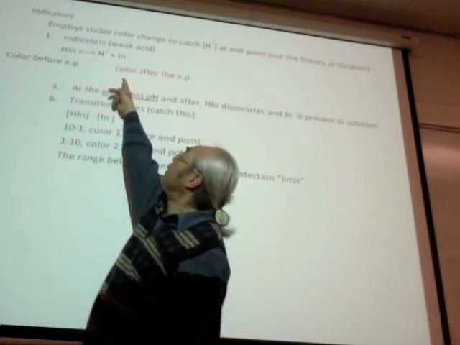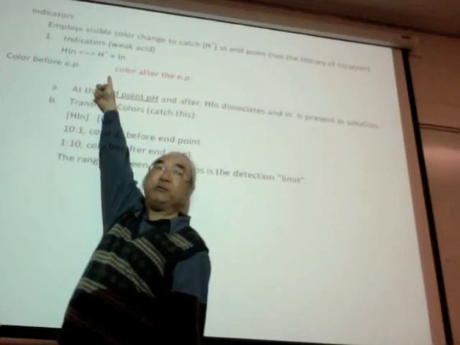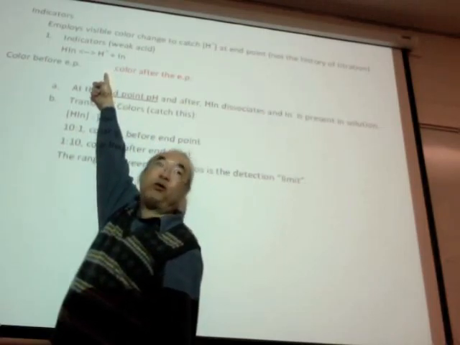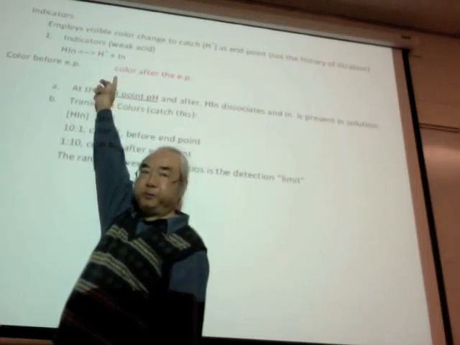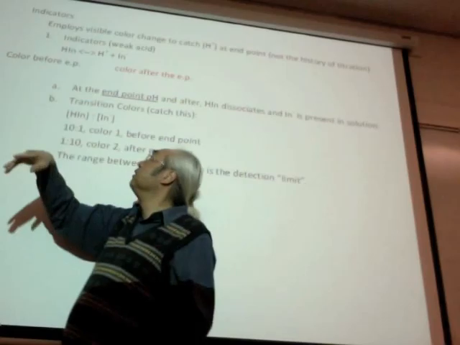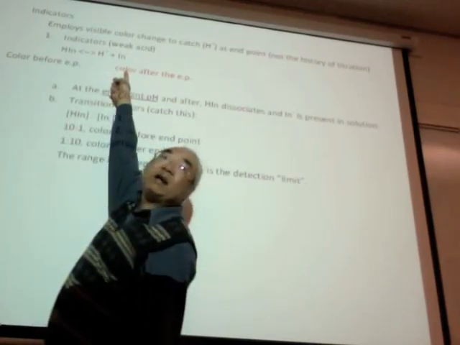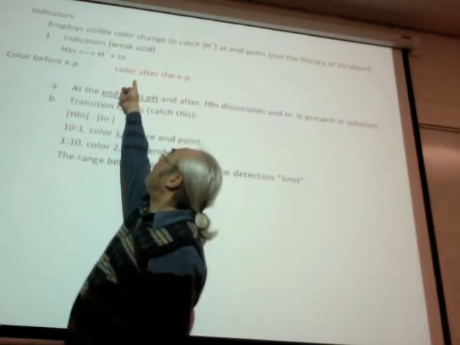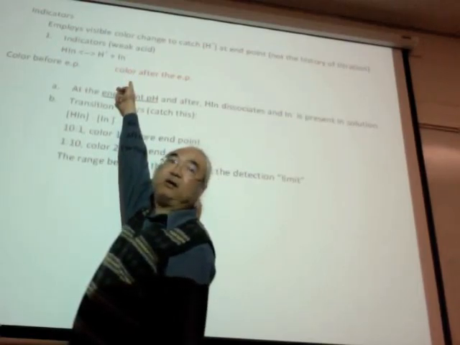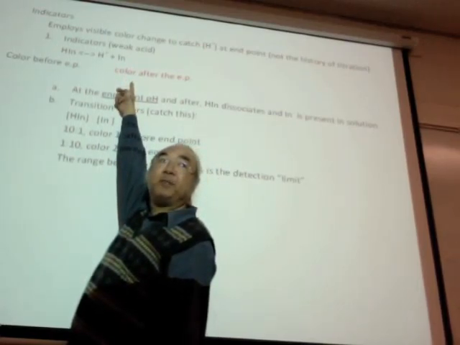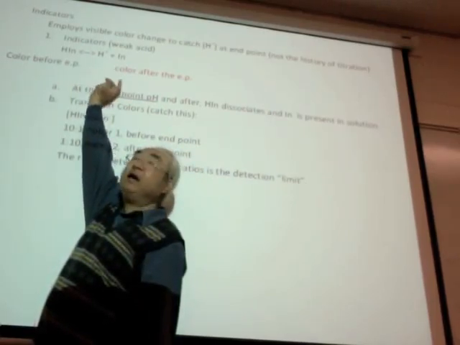Now at the endpoint, once that concentration is reached at equilibrium, this is your endpoint proton concentration, and your indicator will ionize to give the anion indicator, and this color will be different. This is the color you try to catch, because this is your endpoint pH.